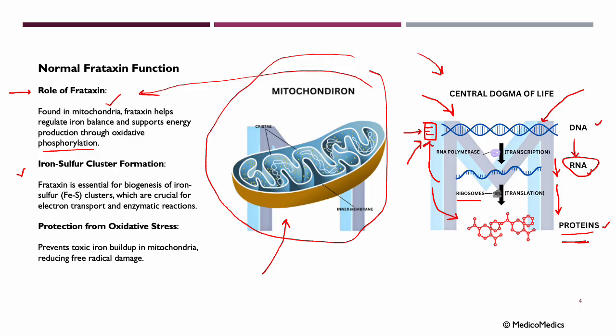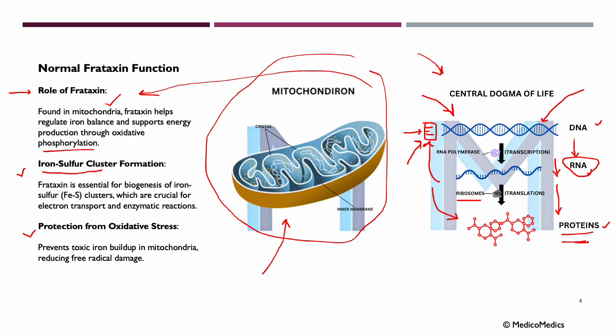So frataxin plays a crucial role in the formation of these iron-sulfur clusters. And they are, in turn, essential for enzymes in cellular energy production. These clusters support oxidative phosphorylation, enabling efficient ATP synthesis.